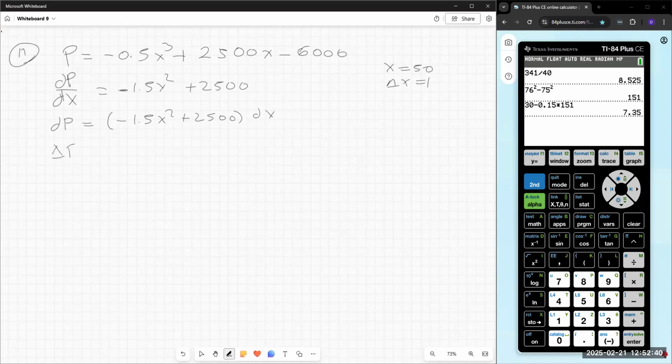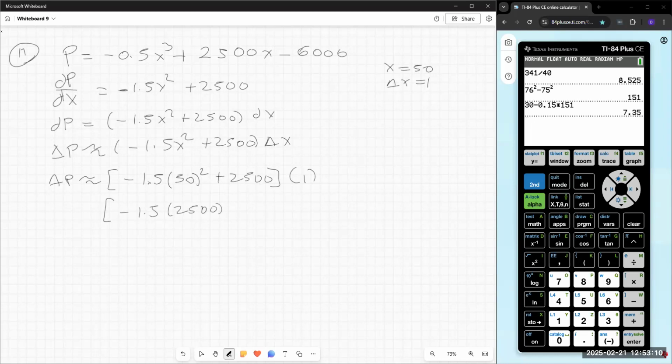So delta P is approximately (negative 1.5x squared plus 2500) delta x. So delta P is approximately negative 1.5 times 50 squared plus 2500 times 1, which will be negative 1.5 times 2500 plus 1 times 2500.